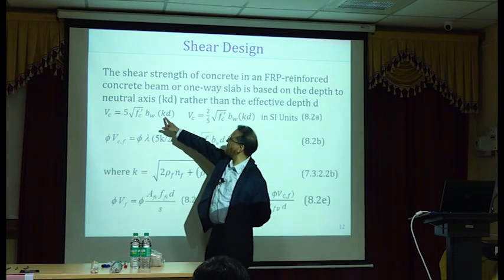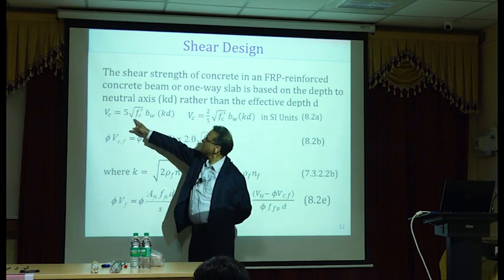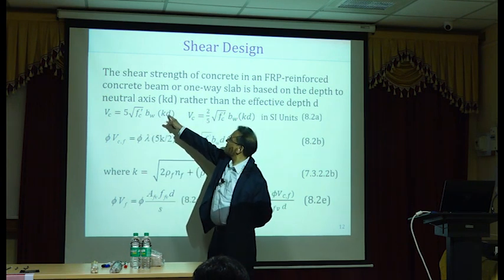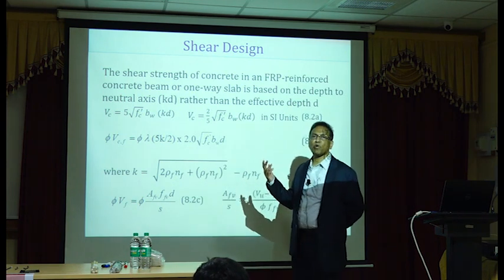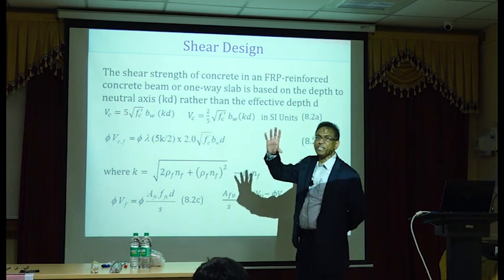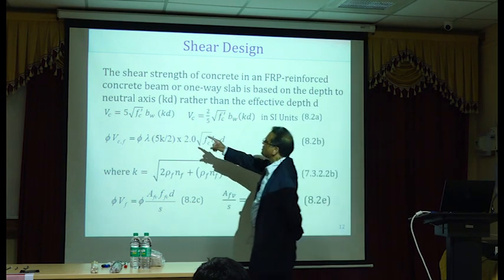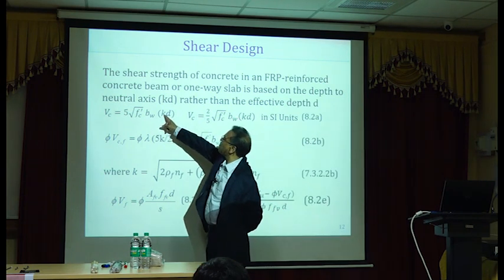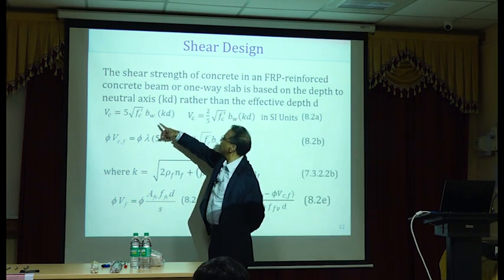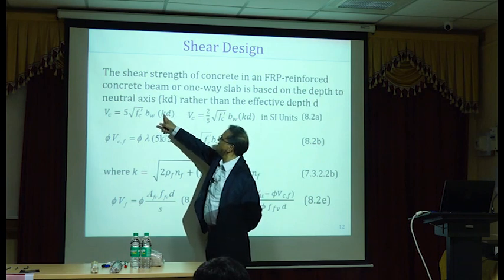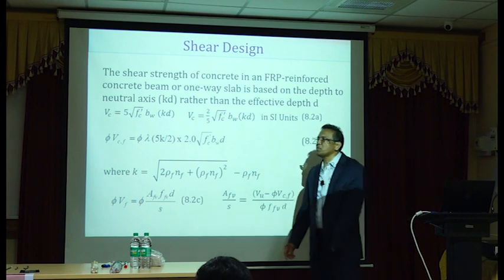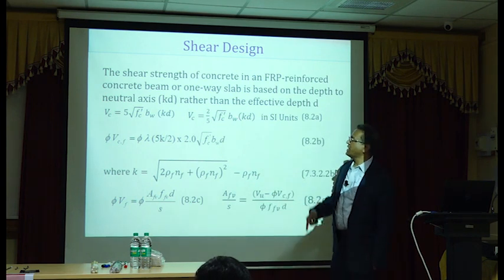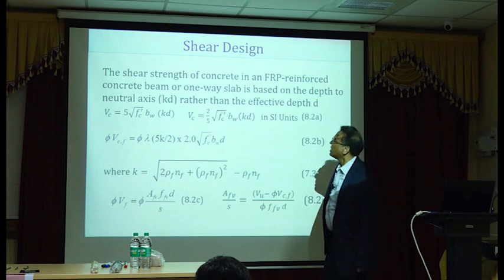Here, k is generally about 0.18, 0.2, something like that of d. So k is 0.15 or 0.2, let's say even 0.2. So you have 0.2 times d, which is already 20% of the depth. So you lose some strength there.